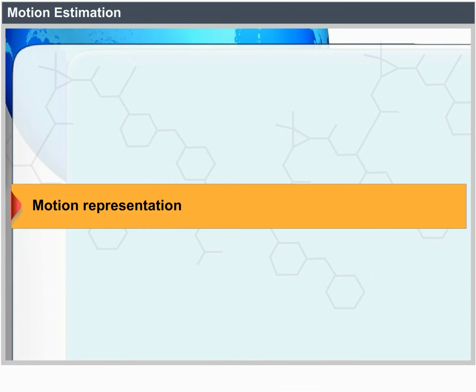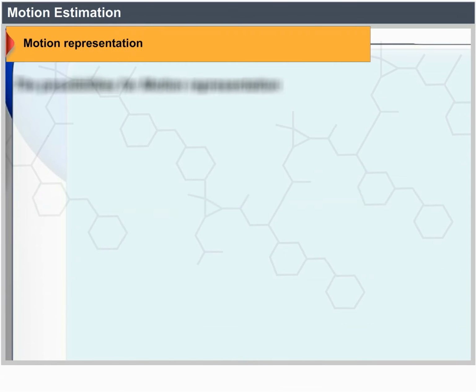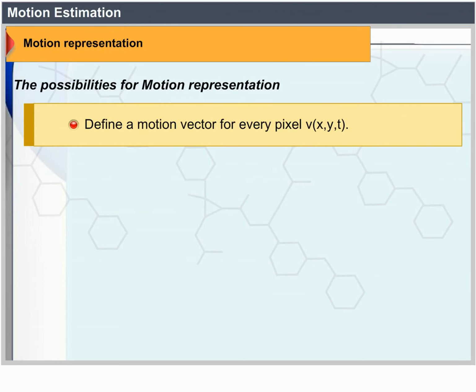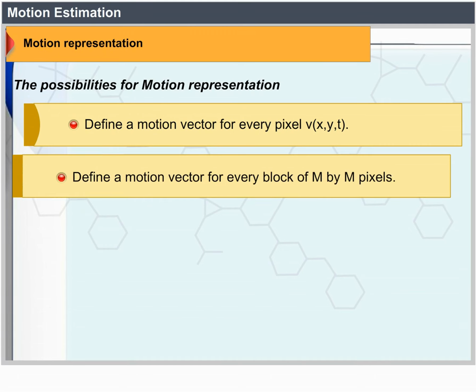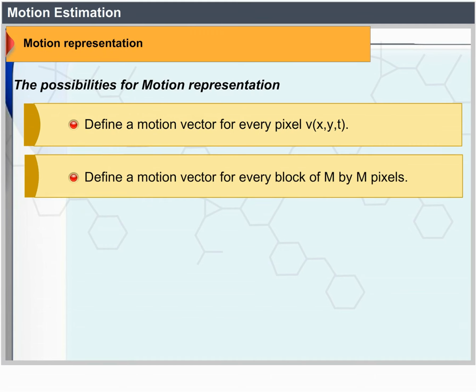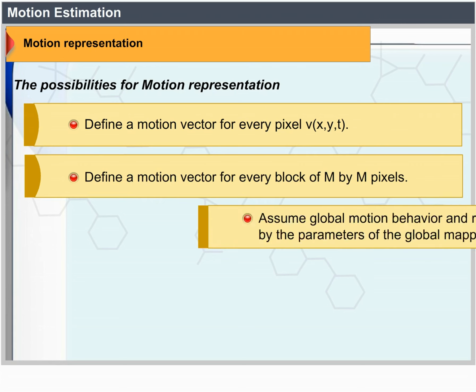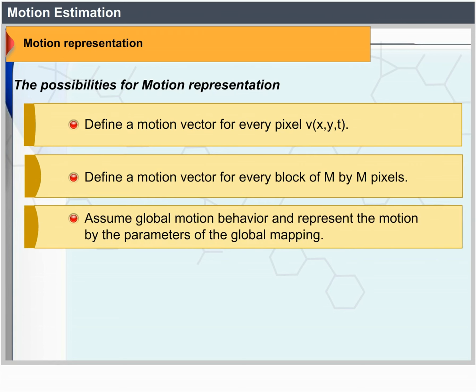Motion representation. The possibilities are: define a motion vector for every pixel v(x, y, t). Define a motion vector for every block of m by m pixels. Assume global motion behavior and represent the motion by the parameters of the global mapping.